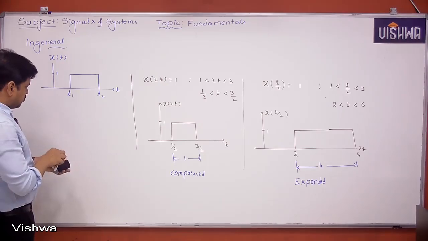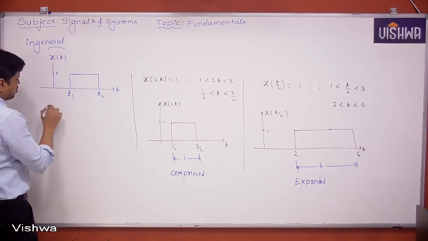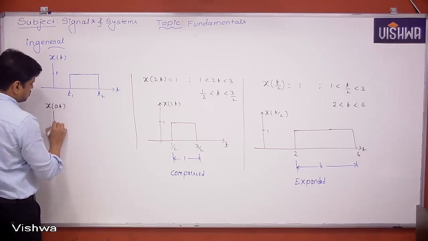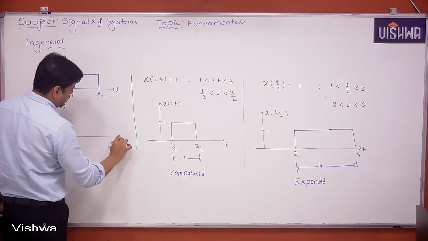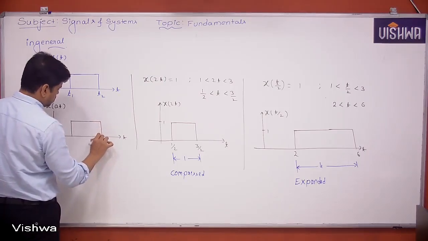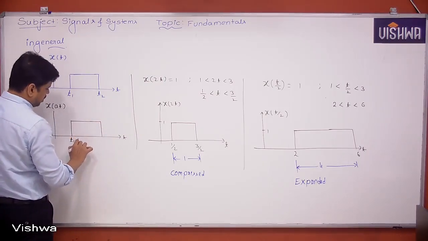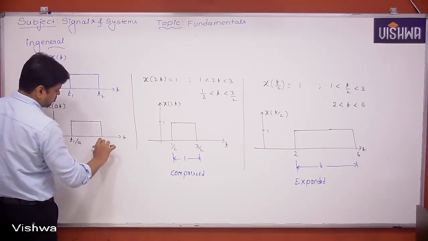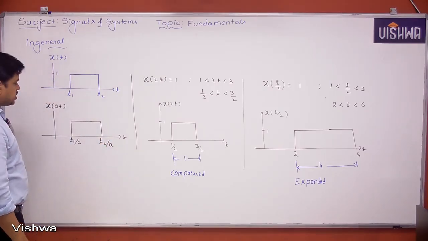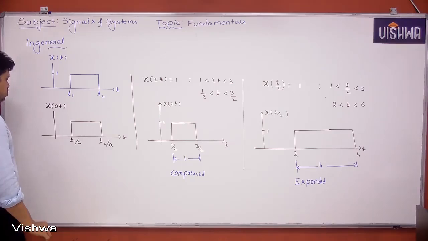Suppose if you try to find out x of at, then what we have to do is t1 divided by a, t2 divided by a. Divide each instant with a. That's what we have to do.